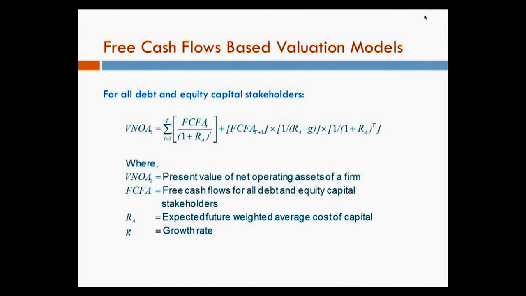And here's our equation. It should look somewhat similar to what we've seen for dividends. Remember, this is for both debt and equity. So these are the free cash flows for debt and equity, discounted.